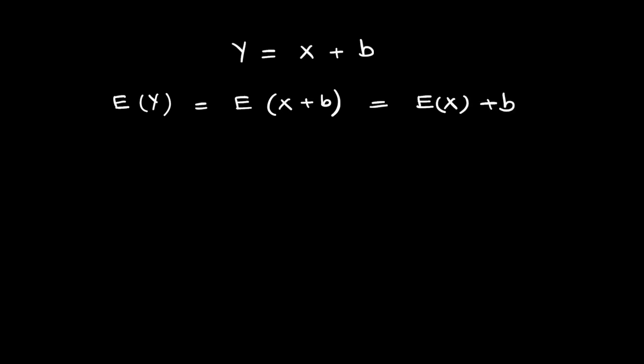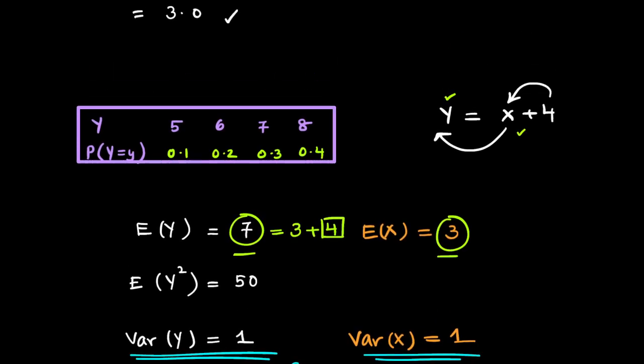This we have seen in the first example. Y was given as x plus 4. Since the variable is increased by 4, every single term in the probability distribution table is increased by 4. Therefore, the expected value is increased by 4.